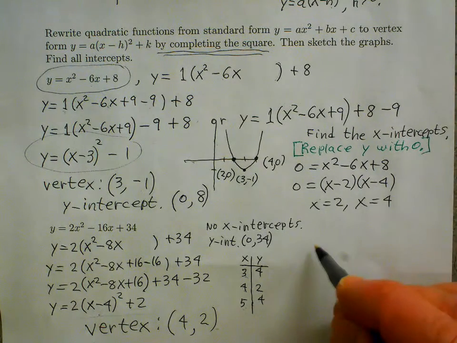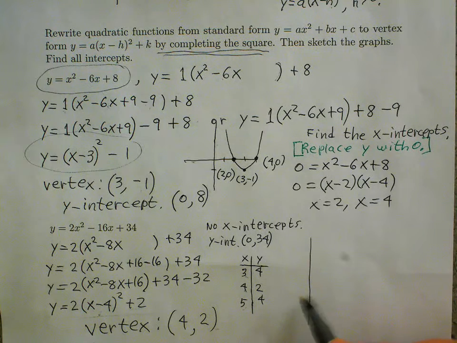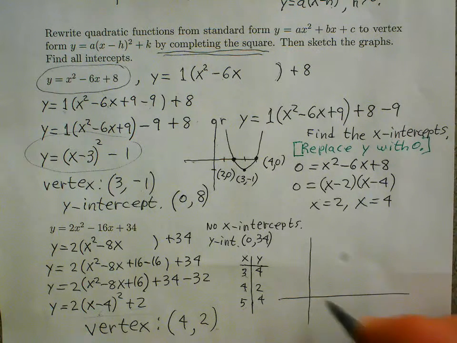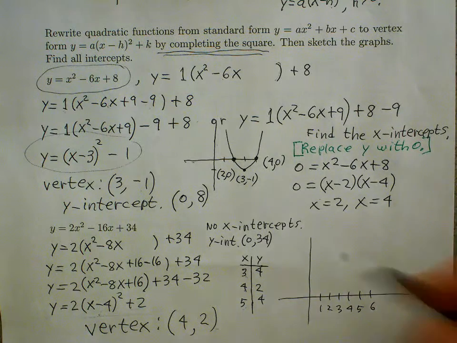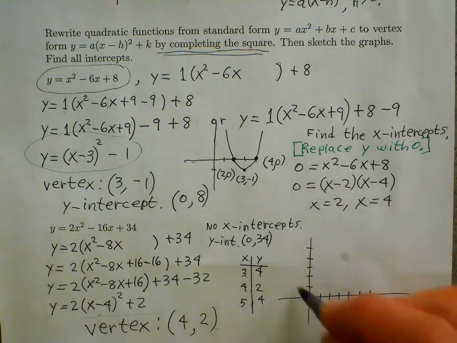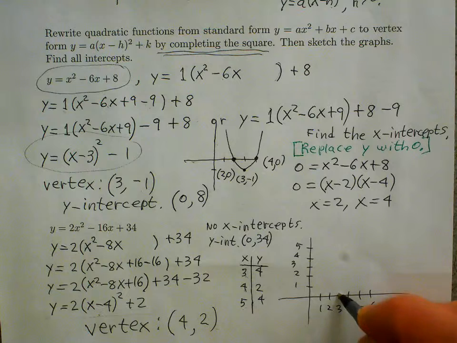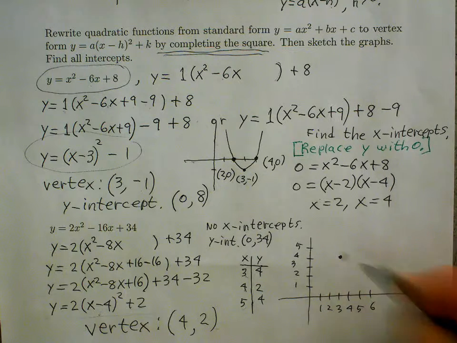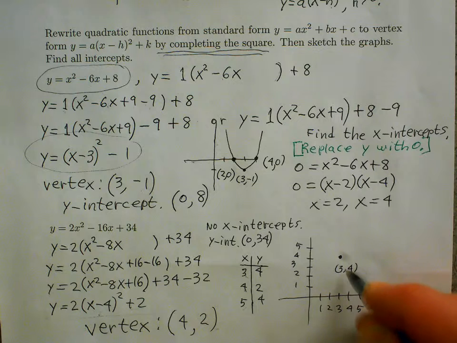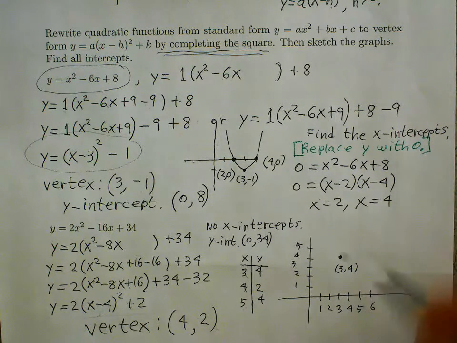Okay, so we can get a rough sketch of this parabola. The ordered pair 4, 2 is the vertex.